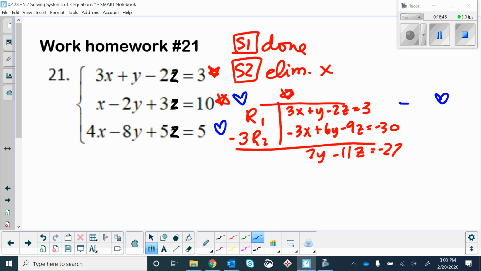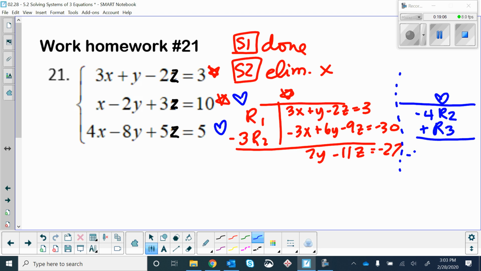I'm going to give myself a lot of room. For the hearts, I want this x to have a -4, so it cancels out with that. So I'm going to do -4 row 2 plus row 3. Here's what that will look like.